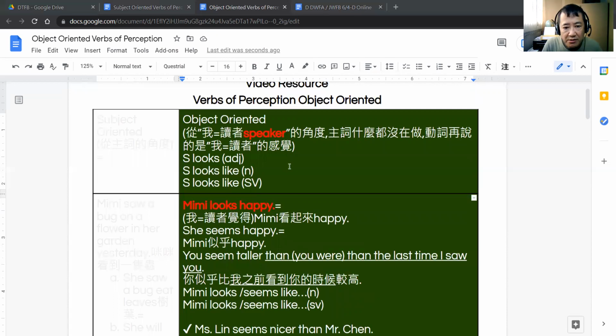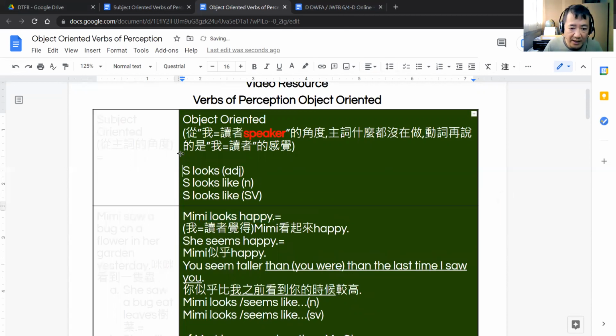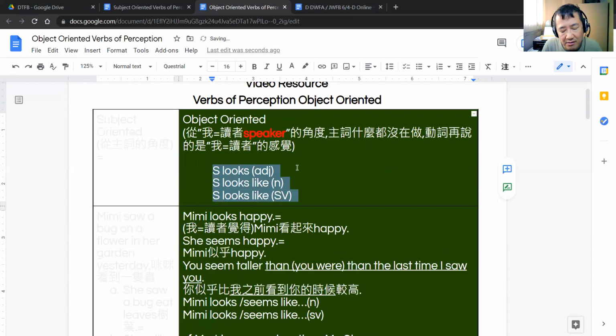Okay, so let's begin. Let's look at the sentence form first, okay? Let's look at what it will look like in terms of syntax, its grammar, its sentence structure.